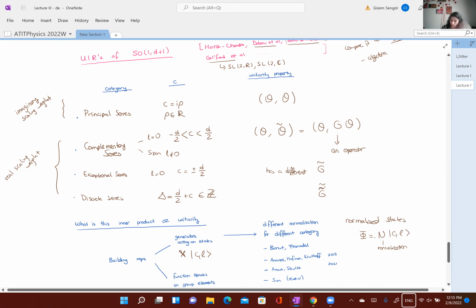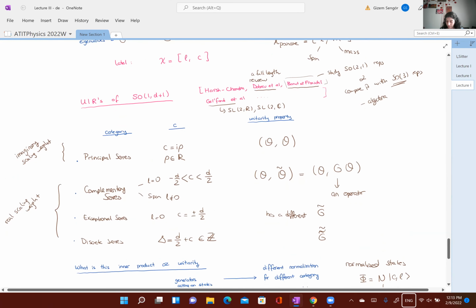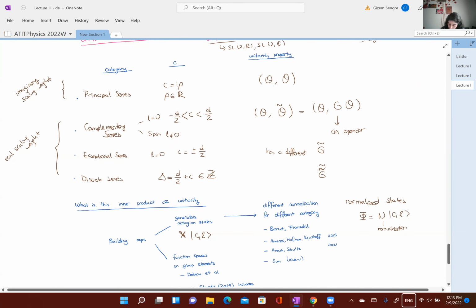You find that the normalization for principal series states is a different number than the normalization for, say, complementary series states. This is what the Barut and Fronsdal paper explicitly works out.